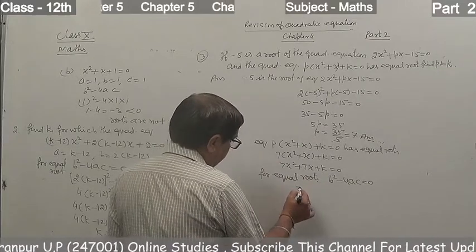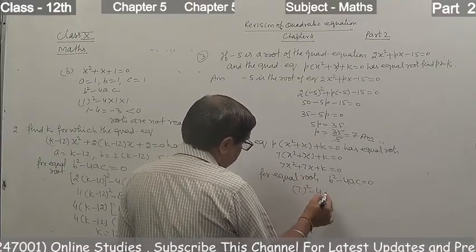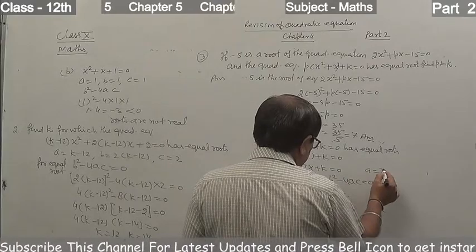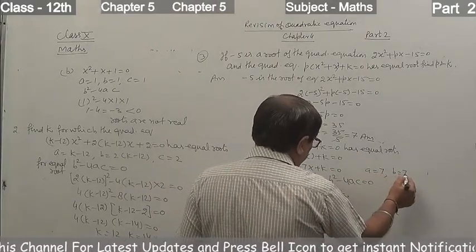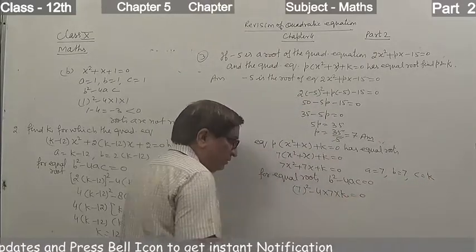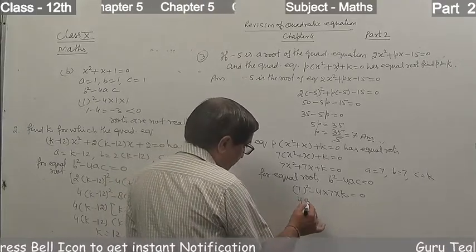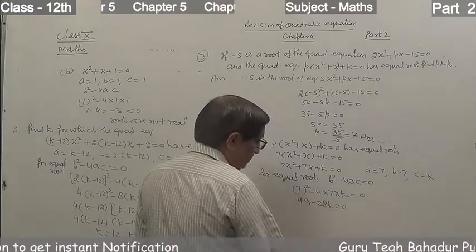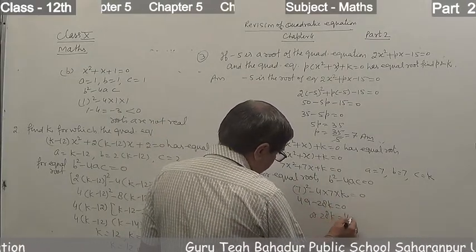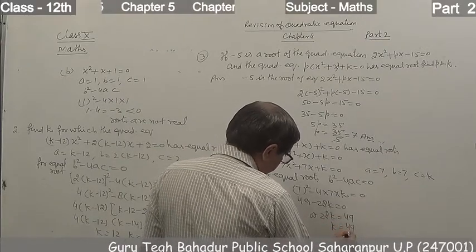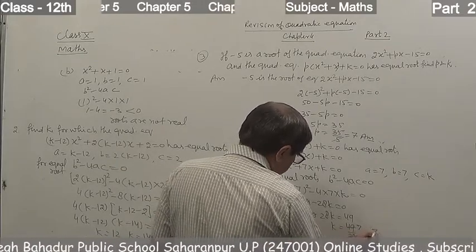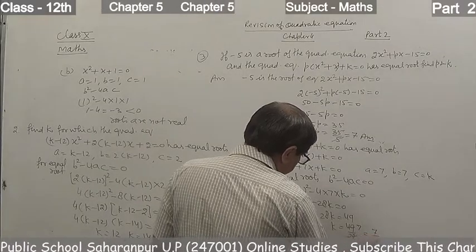Here a is 7, b is 7, c is k. So you put these values and put it equal to 0. 49 minus 28k is equal to 0, or 28k is equal to 49, k is equal to 49 upon 28, that is 7 upon 4. So 7 upon 4 is the answer.